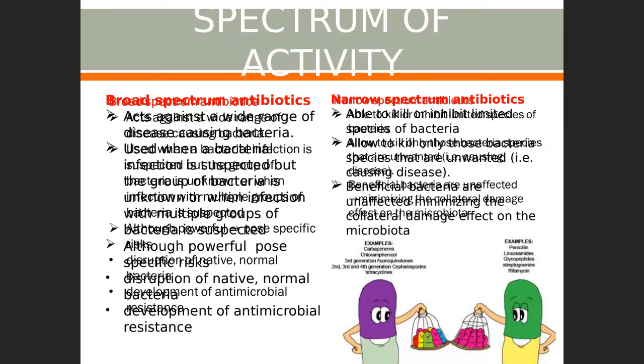Only that drug can be prescribed to the patient which kills that particular bacteria. But if the bacterial infection is not known, if we do not know which bacteria is causing the infection, or if there is a chance of multiple bacterial infection, then broad spectrum antibiotics will be used.